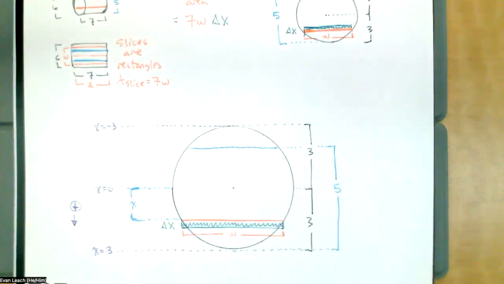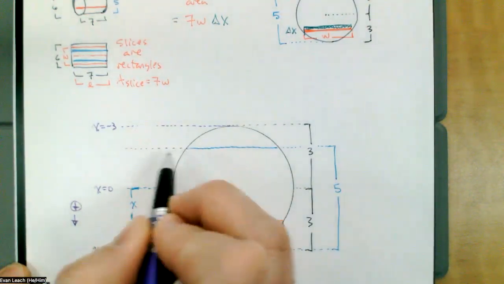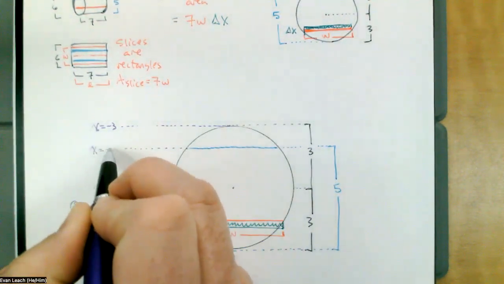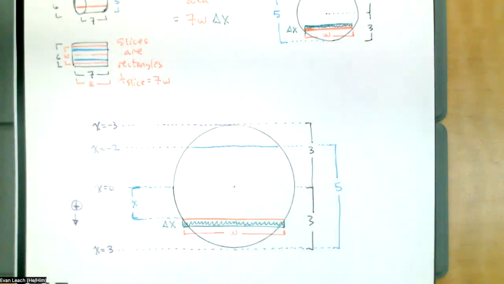More importantly, for our purposes, the surface of the water is at -2. This happened because of the way we define where X is and the way we've drawn our diagram.